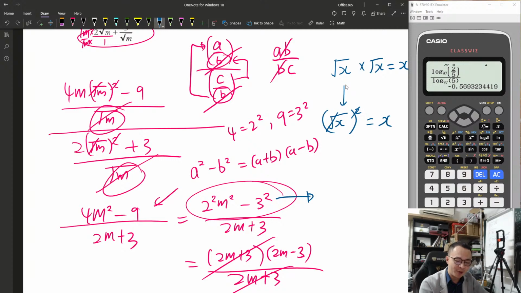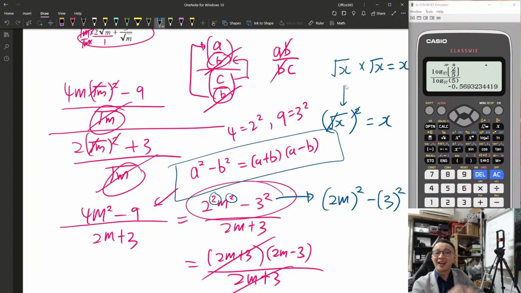This one basically both also have square, isn't it? I can take out the 2m become square minus 3 square. Then I can apply this rule, isn't it? If I have a square minus b square, I will get a plus b, a minus b. Then I can get 2m plus 3, 2m minus 3. Cool? Did I answer your question, Hao Chan?